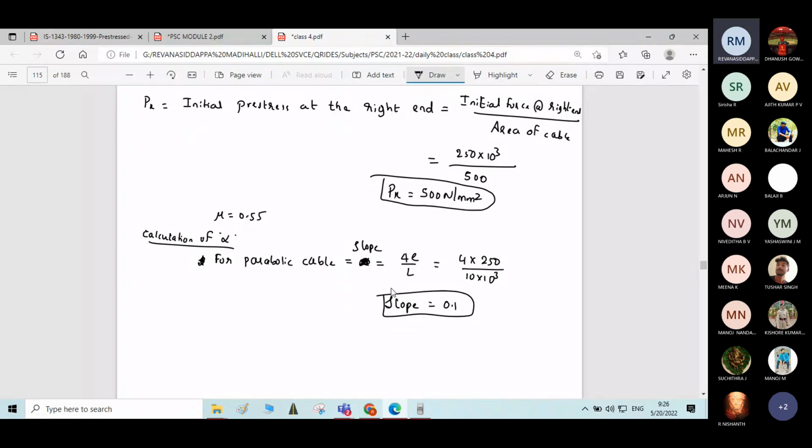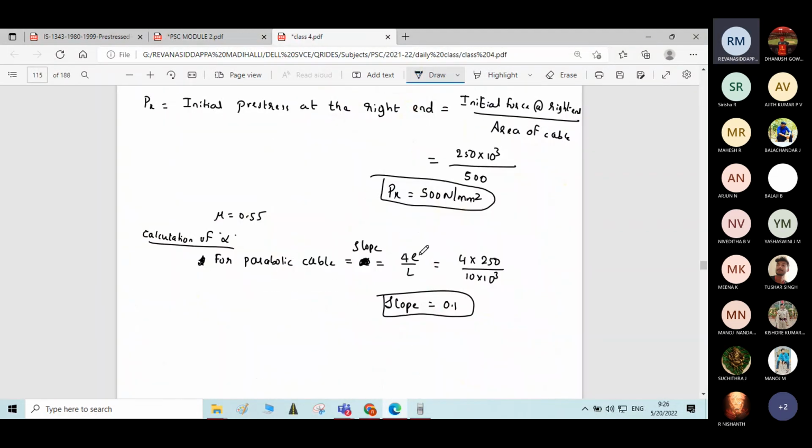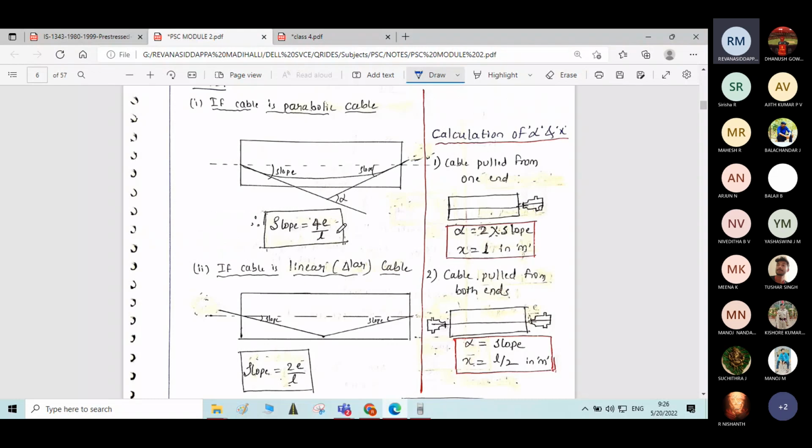Now you have calculated the slope, correct? For parabolic cable, the formula is 4E by L. Using this formula, first you have calculated the slope. Now coming to the calculation of alpha. That calculation depends upon the stretching condition. If the cable is pulled from one end, you need to utilize alpha equal to 2 into slope, and x is equal to L in meter.